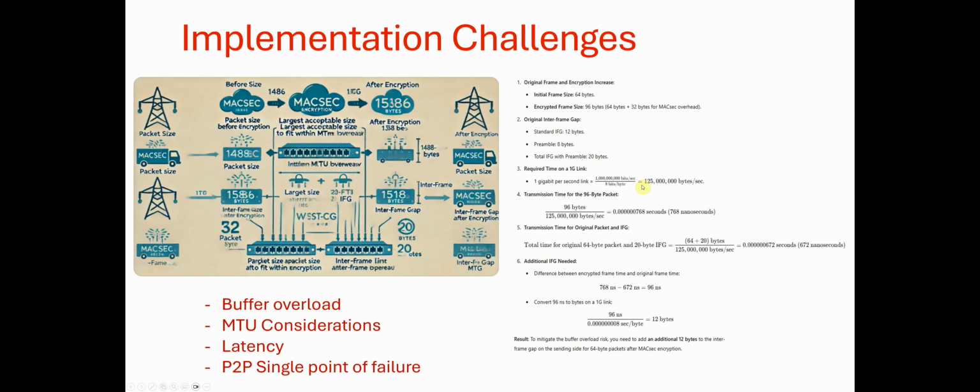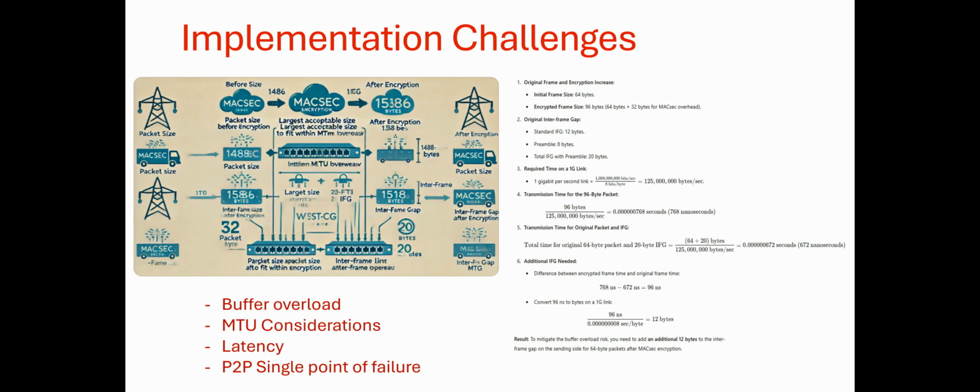That means that if you want to keep the same 20 bytes at the end after the packet is encrypted, you need to add about 12 bytes of inter-frame gap on the sending part, on the source part. So the encryption and decryption will kind of make the packet bigger and smaller, but you won't have buffer overload because now you're getting packets at the same timing that they're being sent out.